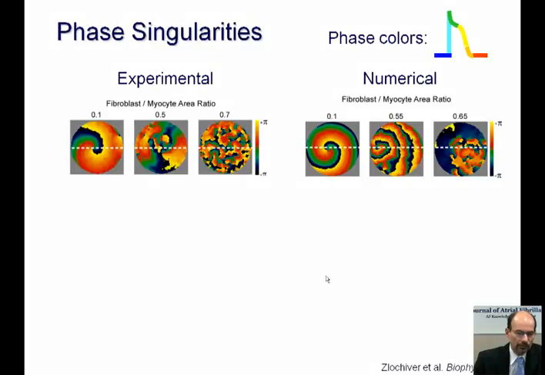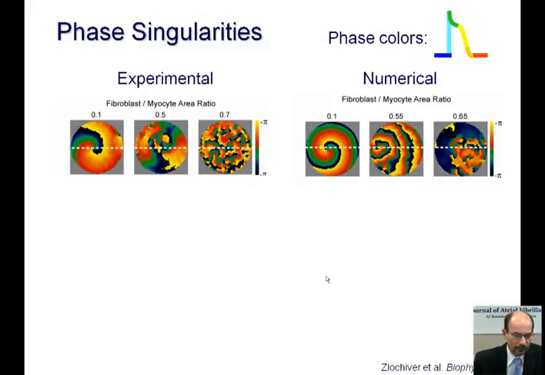When we move to 70% fibroblasts in the cell culture, there is much more complexity to the patterns of activity with many more singularity points.